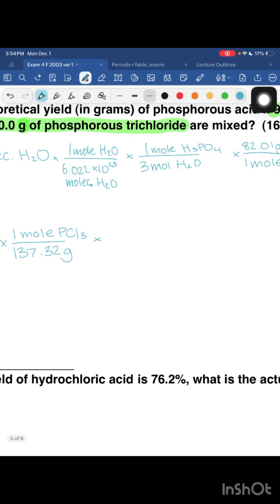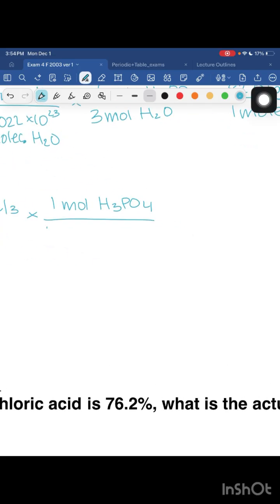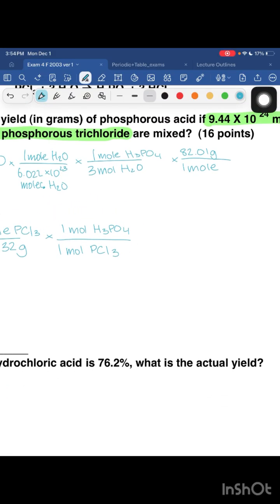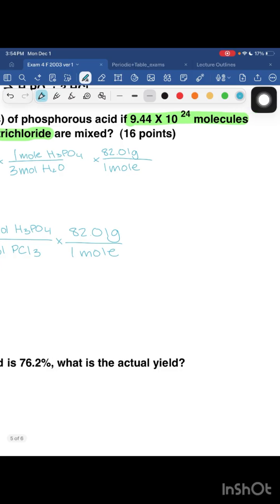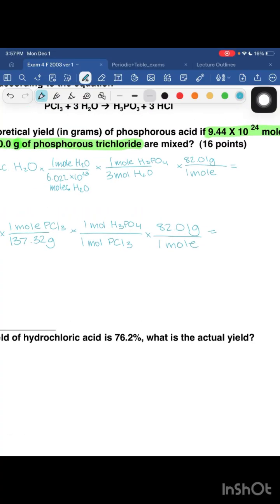And then for every 1 mole of phosphoric acid, we have 1 mole of PCl3, phosphorus trichloride, and then 82.01 grams for every 1 mole of phosphoric acid. Okay, for part A, you get with sig figs.